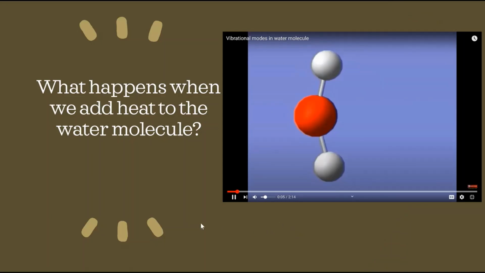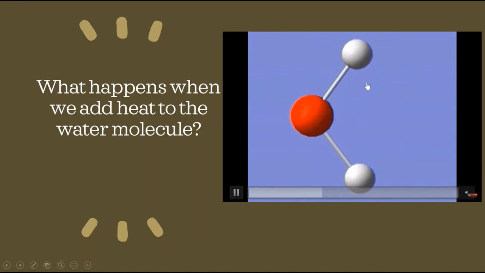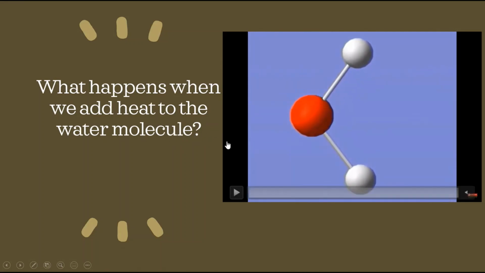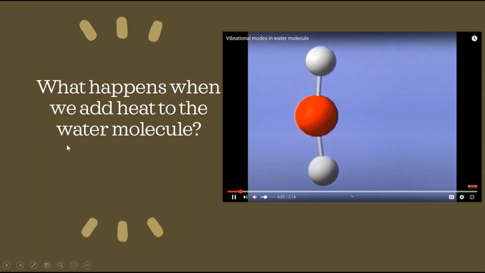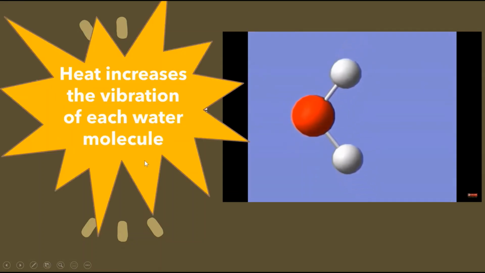This is an example where we can see how the molecules of water vibrate. For example, the red one is the oxygen and the white ones are the hydrogen. They vibrate whenever we add heat to the water molecule. Each water molecule in the lattice structure of the ice starts vibrating. So we can conclude that heat increases the vibration of each water molecule, right?